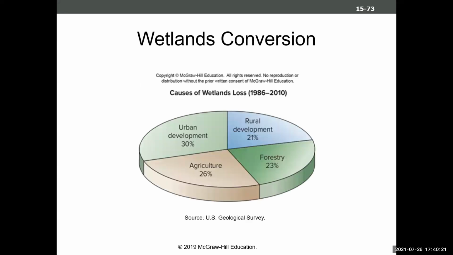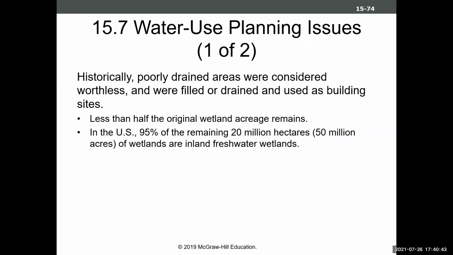And this is what this figure is showing, the causes of wetland loss. So basically wetland conversion is for a forestry resource, for agricultural land, you convert it to urban areas, or you have some sort of rural development. And so these are the primary causes of wetland loss from 1986 to 2010.